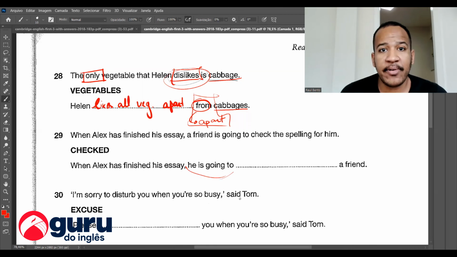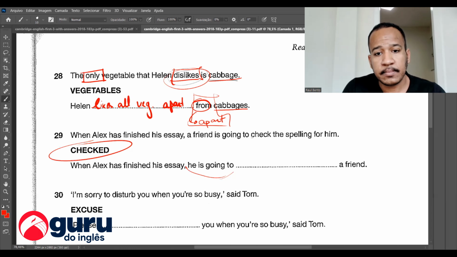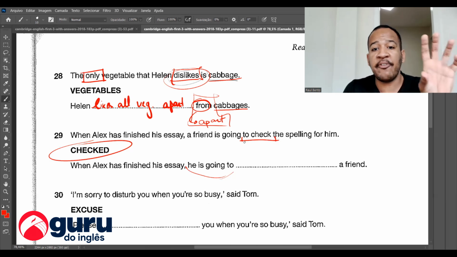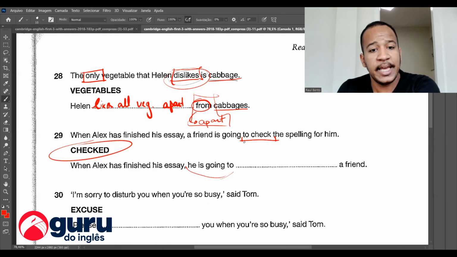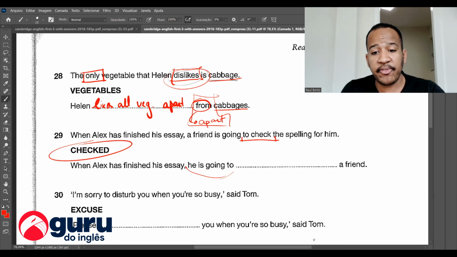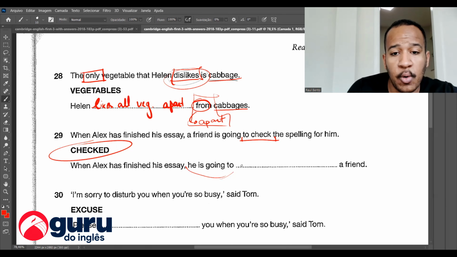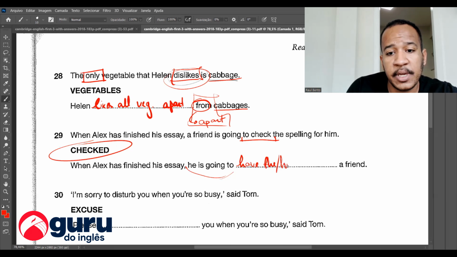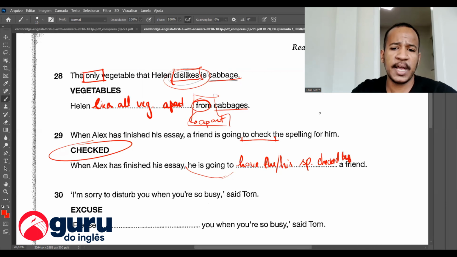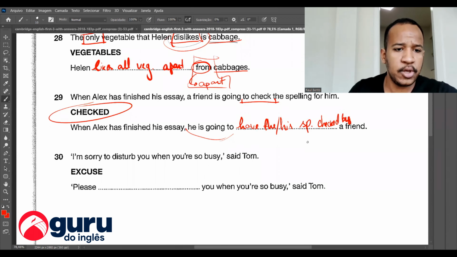I will have my house painted by another friend. That's what we're going to use here. So we have the verb checked, because we use here to check. If a friend is going to check the spelling, Alex is going to have the spelling checked by a friend. So he's going to have his spelling, you can use both, checked by a friend. Okay, easy question, not a problem for you.